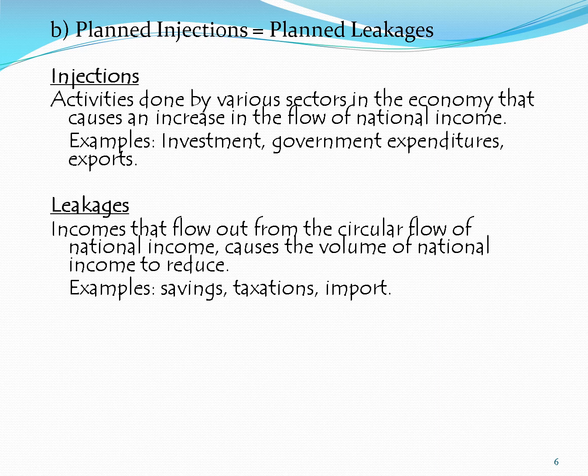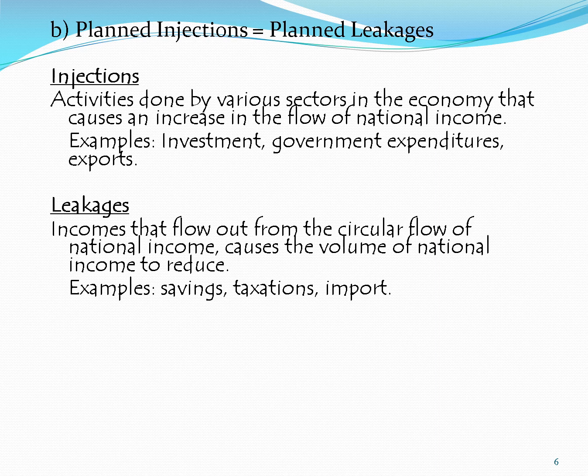B, we have planned injection equal to planned leakage, or we can say that saving equal to investment. Leakage and injection method. So what is the injection? What is the leakage? Injection is the activities done by various sectors in the economy that cause an increase in the flows of national income.